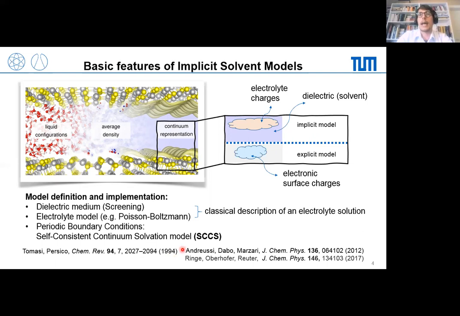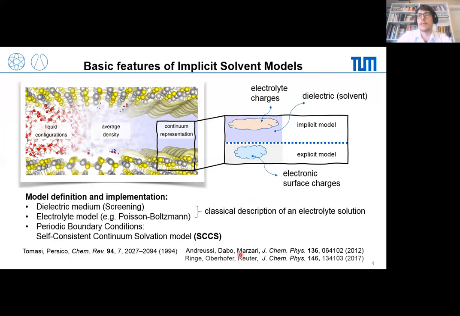And so the model we are using, which is also common in many DFT codes, is the so-called self-consistent continuum solvation model, where this boundary is chosen self-consistently based on some electronic charge density thresholds in this system, also of this explicit system.